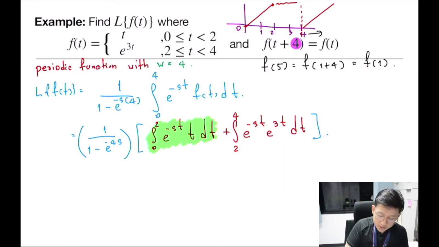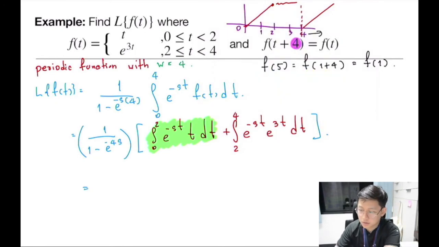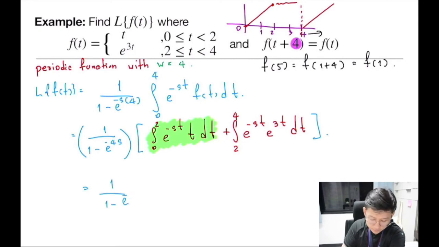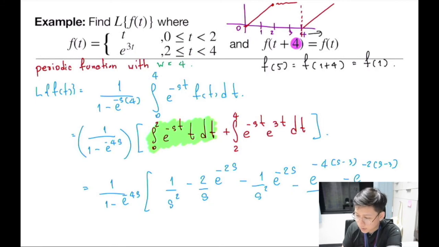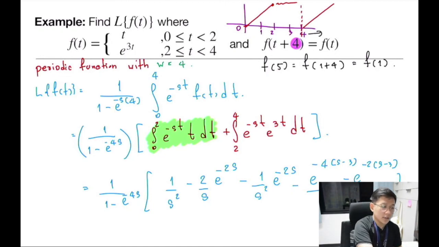So I'm just going to give you the answer, which is 1 over 1 minus e to the minus 4s, times [1 over s squared minus (2 over s) e to the minus 2s minus (1 over s squared) e to the minus 2s, minus (e to the minus 4s minus e to the minus 2s)(3 minus s)... divided by s minus 3]. Okay, and that is the solution.